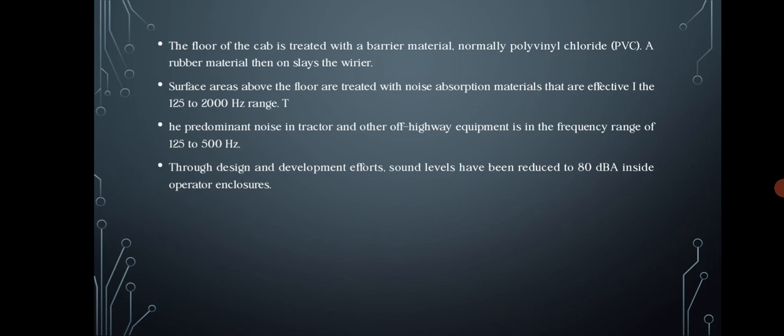The predominant noise in tractors and other off-highway equipment is in the frequency range of 125 to 500 Hz. Through design and development efforts, sound levels have been reduced to 80 decibels inside the operator enclosure.